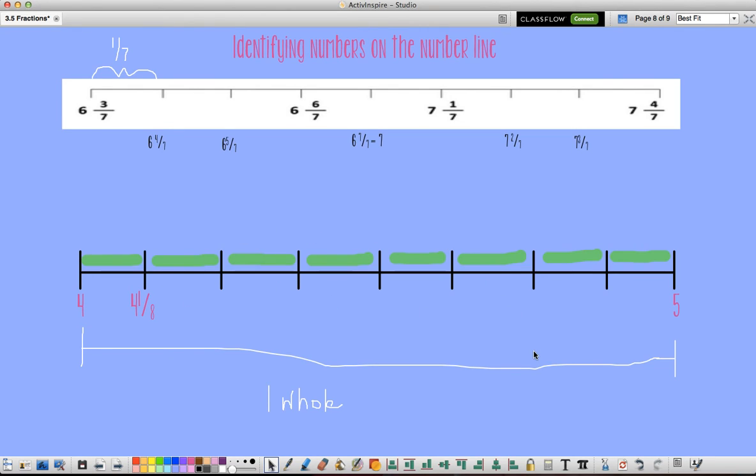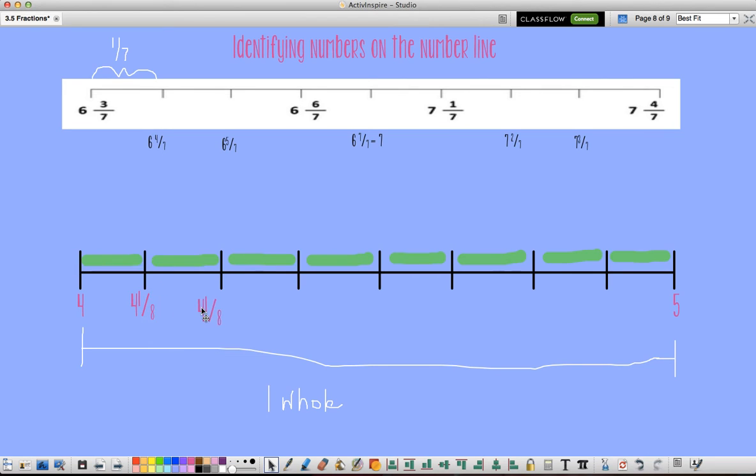So it's like I took this whole pizza, even though it's not a circle, it's like I took this whole pizza and split it into 8 slices. So I have 4 whole pizzas and another 1 out of 8 slices.